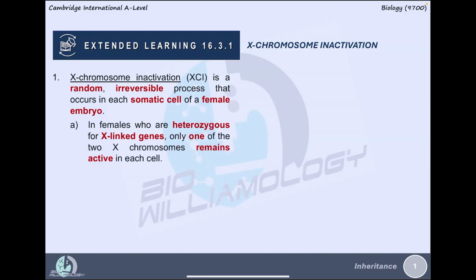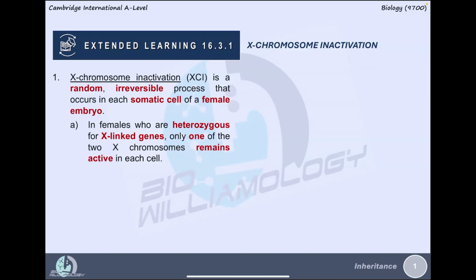So in females who are heterozygous for an X-linked gene, only one of the two X chromosomes remains active in each cell. We do not know why, but generally we know that, particularly in mammals, a female inherits two copies of the X chromosome, one from the paternal gamete and another one from the maternal gamete.